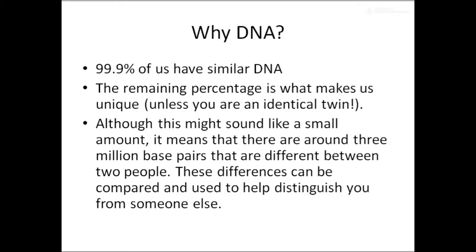Although this sounds like a small amount, it means that around 3 million base pairs are different between two people. Comparing these differences helps us distinguish one person from another.